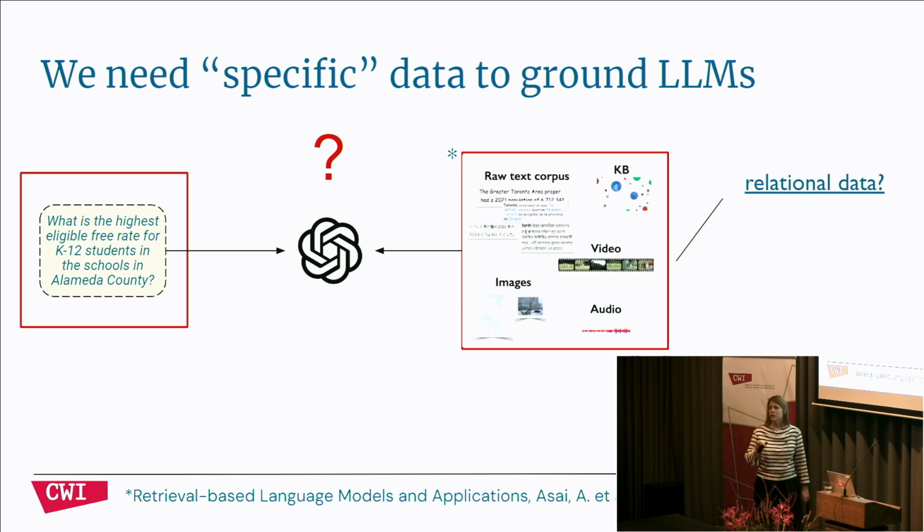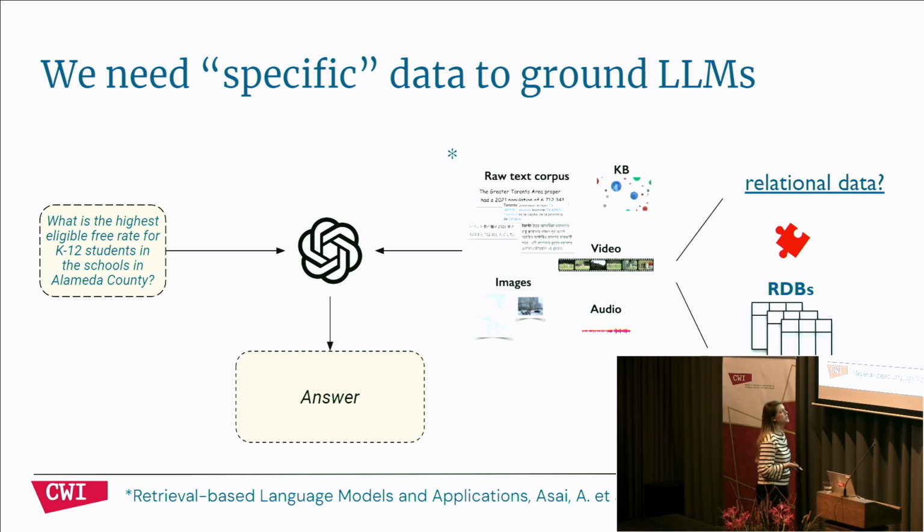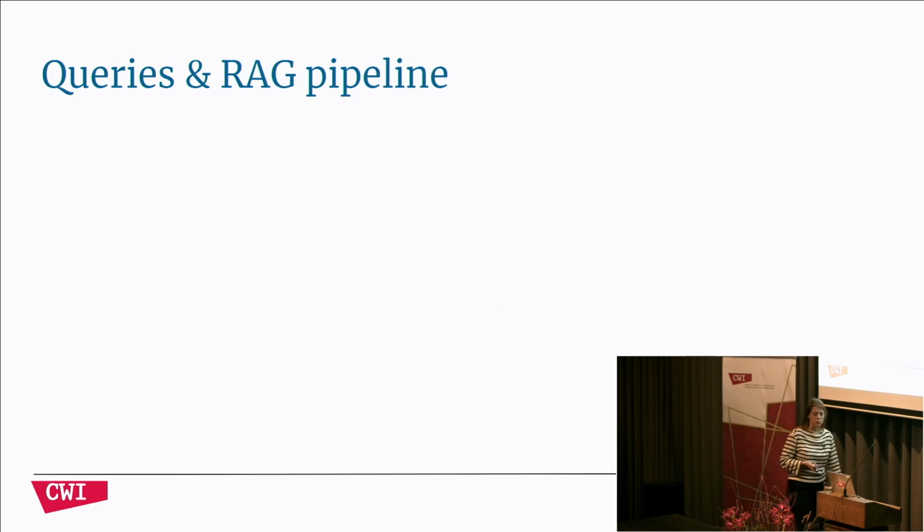So it's a great source for retrieval augmented generation for answering such questions as well. So this is what I've been looking into, and indeed, if you tie this question answering system with your relational database, given that it has the relevant data, of course, you can actually answer this query much more easily.